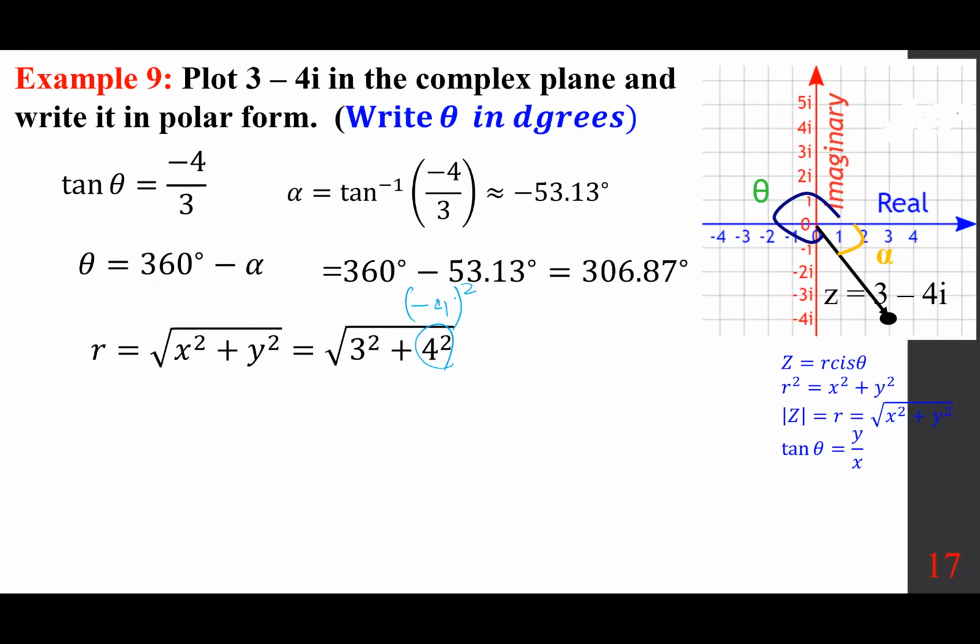So 9 plus 16, which is 25, comes out as 5. So z, which is x plus yi, is r cis theta, and r cis theta would be 5 cosine of 306.87 plus i sine of 306.87 degrees.